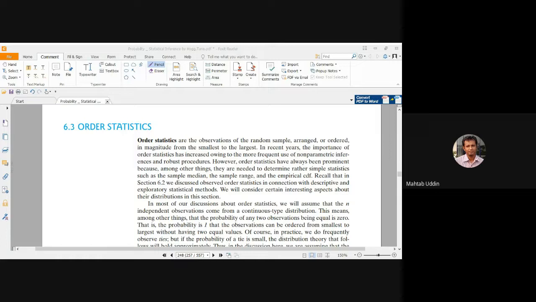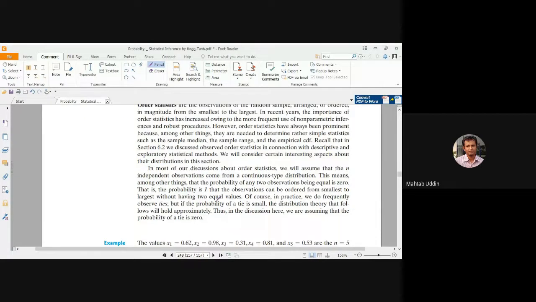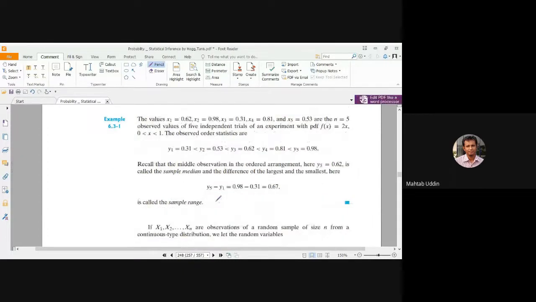So any data arranged in a sequence of increasing or decreasing order is called order statistics. What is the benefit of ordered statistics? You can see here, say x1, x2, x3, x4, x5 are the raw data.